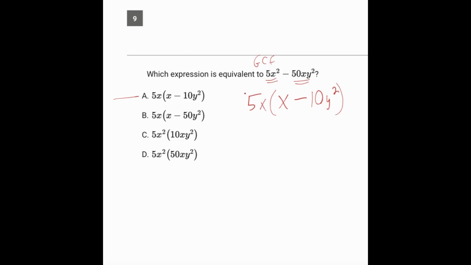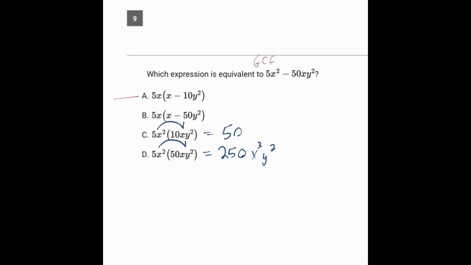But another way to do this is to actually go through the steps to distribute. So if we had answer choice D, 5x squared times 50xy squared, well, that would actually be 250 x to the third y squared. Similarly here, we'd get 50 x to the third y to the fourth. And there was really no point multiplying those two because they're only going to give you one term anyway, and we needed 2 terms.